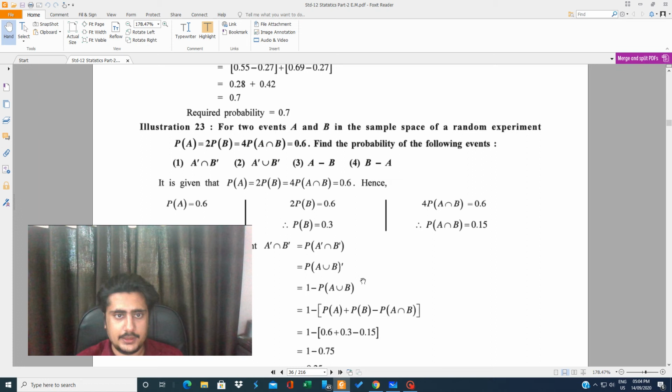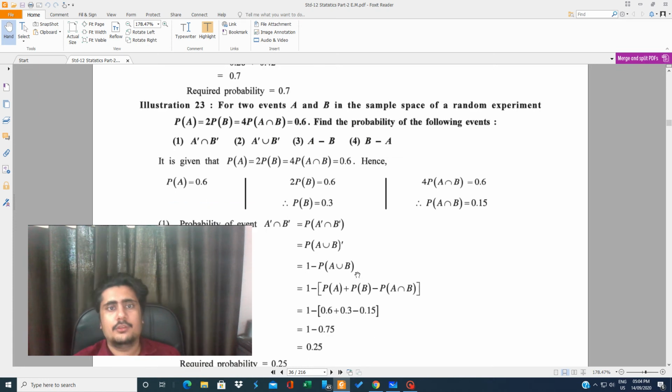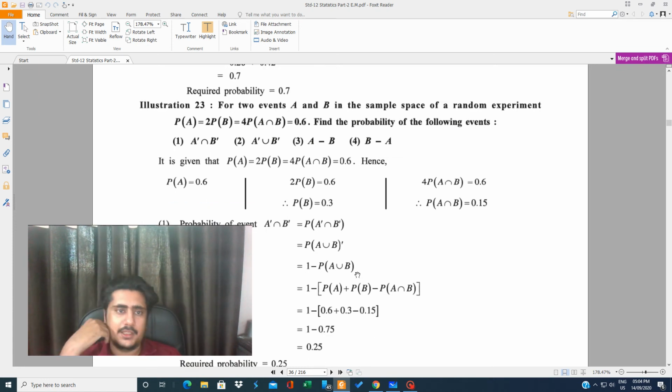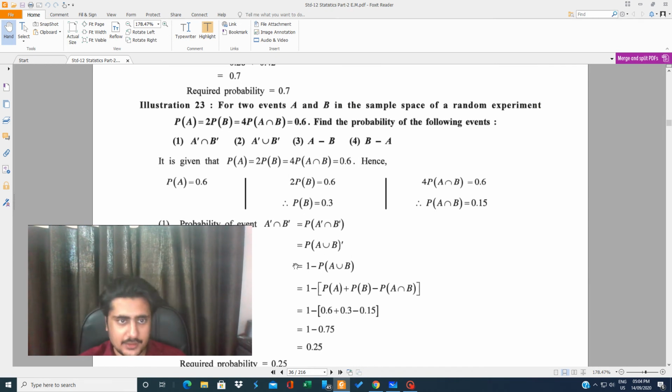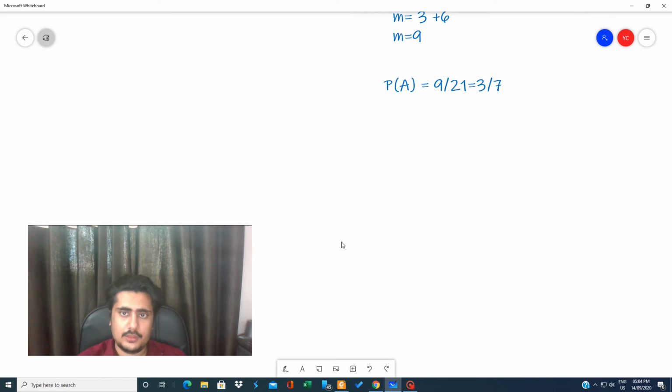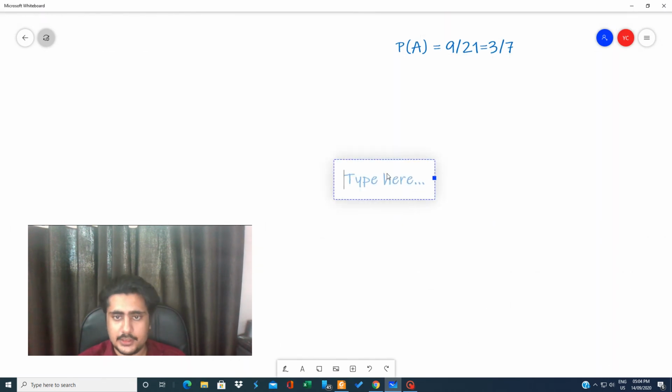Then let us start 23. For two events A and B in sample space, P of A is 0.2, P of B is 0.4, P of A intersection B is 0.06. Find the probability of: first, A dash intersection B dash; second, A dash union B dash; third, A minus B; and B minus A. So first of all, we are going to write the question.